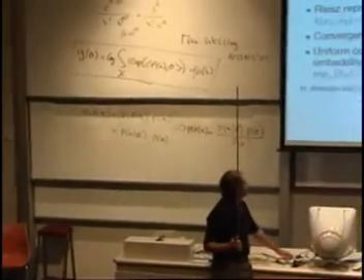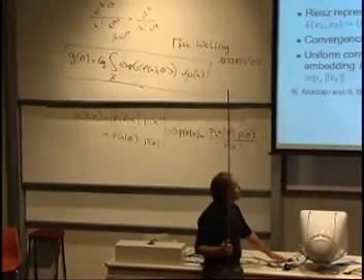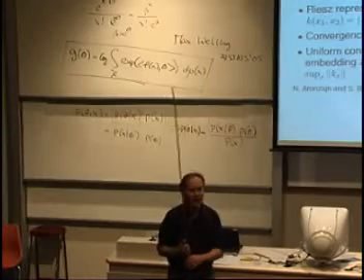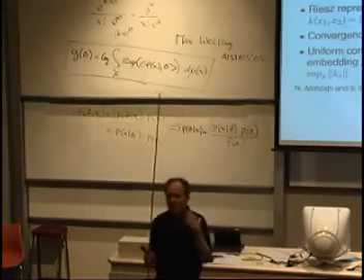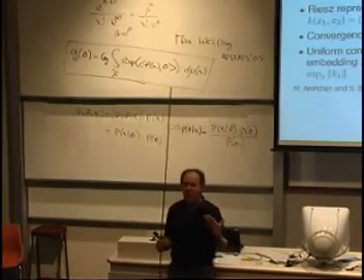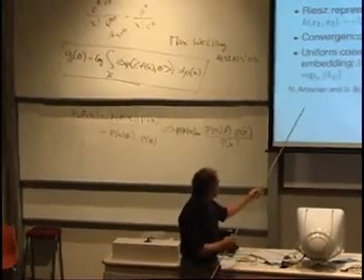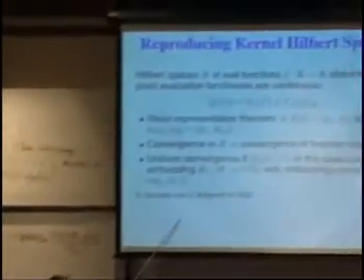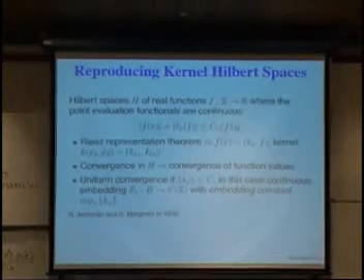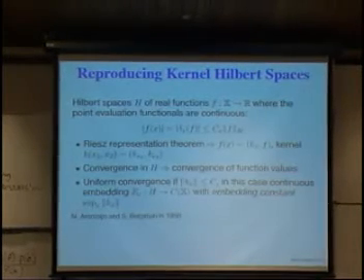Okay, now let's see. So now we had this theorem by Riesz on general functionals. Now in 1950, Aronszajn and Bergman looked at reproducing kernel Hilbert spaces, right?